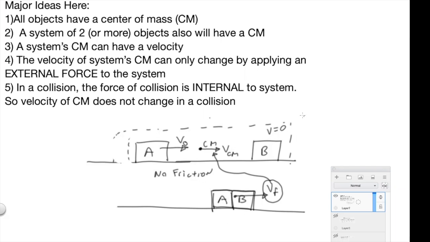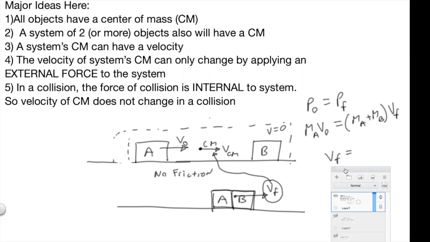When there's a collision, you say momentum before collision equals momentum after. So what was the momentum before collision? Mass of A times V initial, since momentum is mass times velocity. And after collision, what's the total mass? Mass of A plus mass of B times V final.